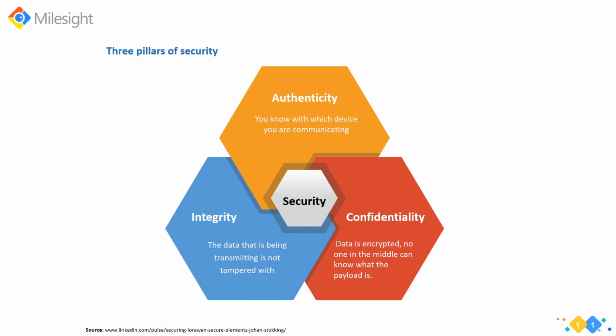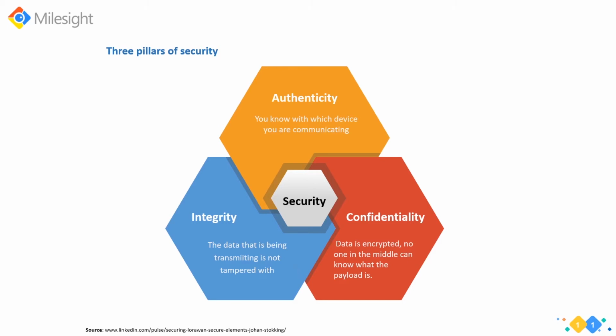Okay. In LoRaWAN, there are three pillars of security. LoRaWAN provides security from three very important aspects. First is authenticity, integrity, and confidentiality. Authenticity means you know with which end device you are communicating.